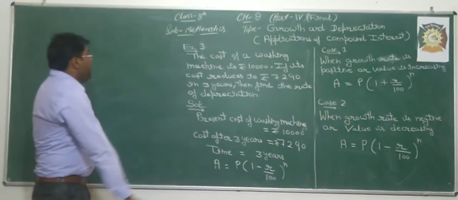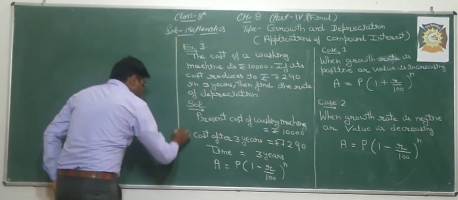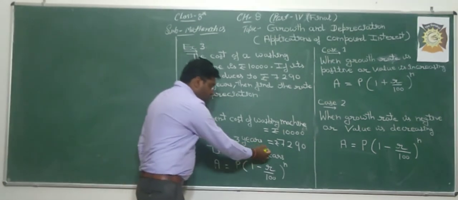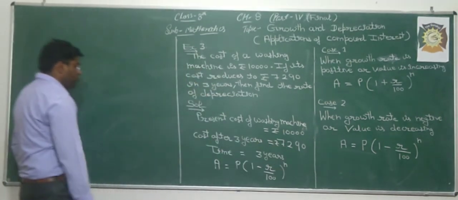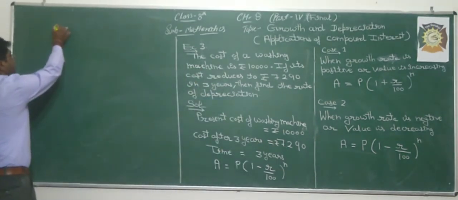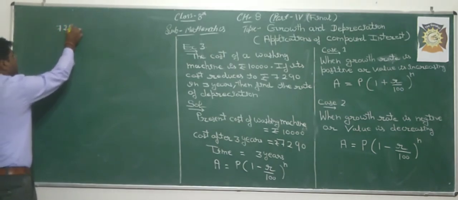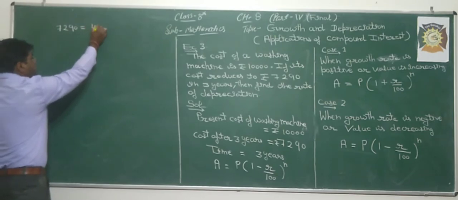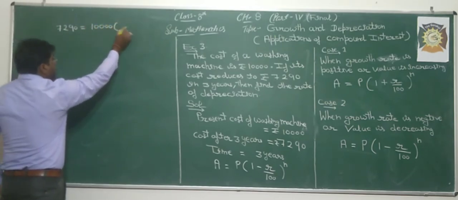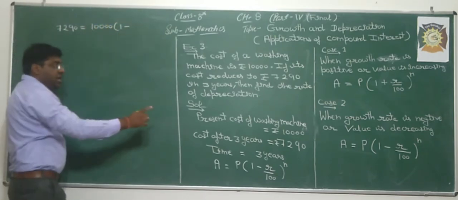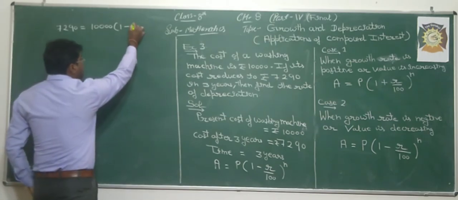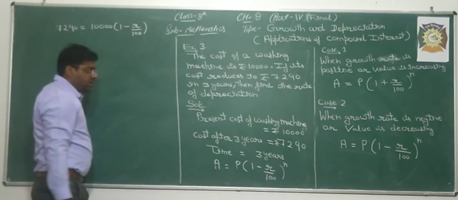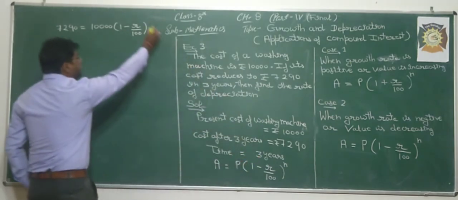Now, putting the values of the given things. What is A? That means the cost after 3 years. So we can write here 7,290 is equal to 10,000 into 1 minus R upon 100, rate is not given so write it as it is, raised to the power time, which is 3.